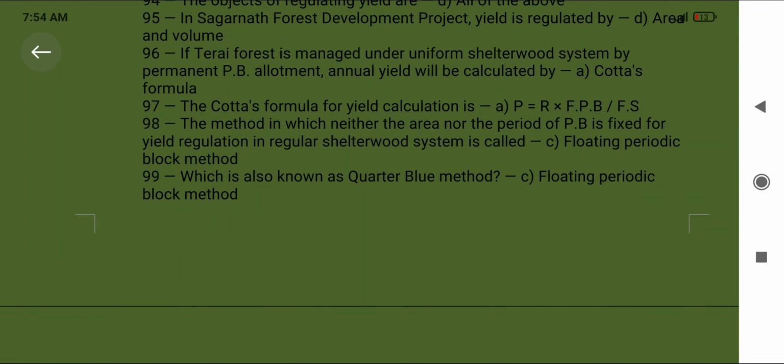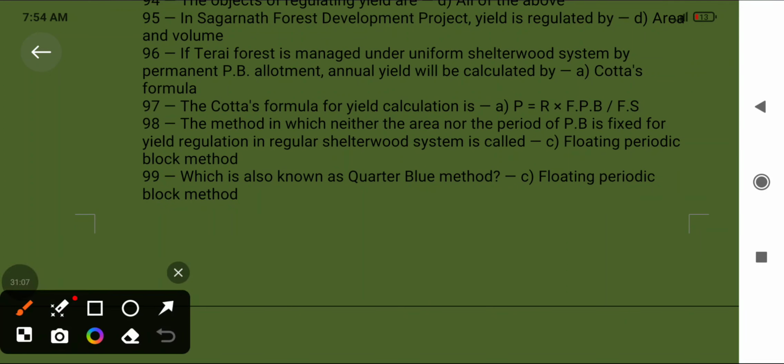If Tarai forest is managed under uniform shelterwood system by permanent periodic block allotment, annual yield will be calculated by quota formula. The quota formula for yield calculation is P is equal to R into FPB by Fs.